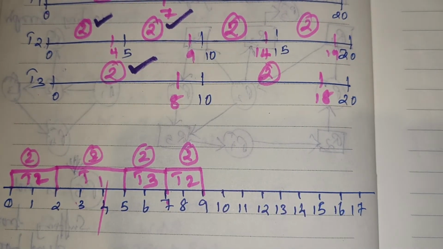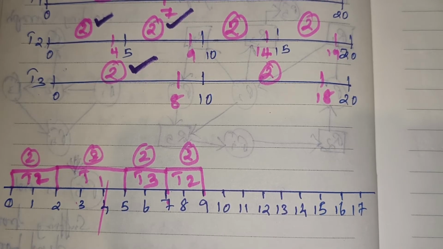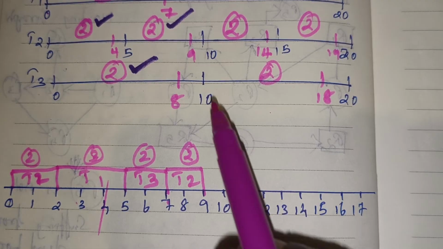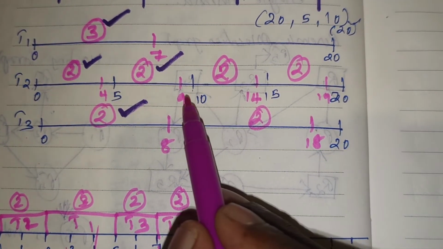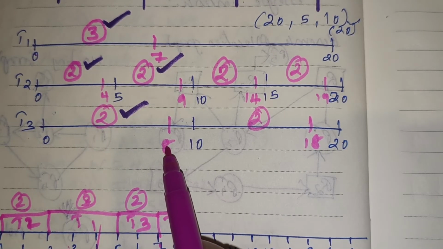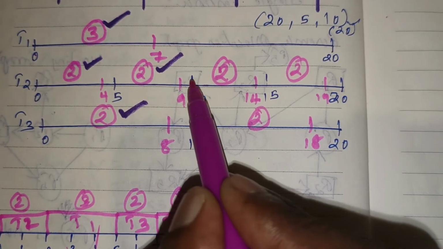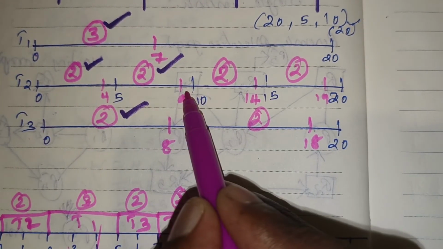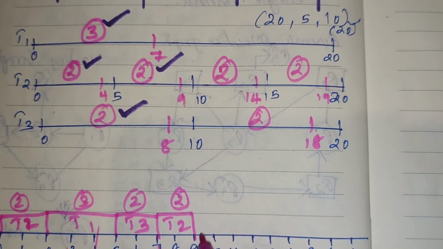Now say for example, T2 is again having this particular idle time. So in this idle time, which comes first? The deadline here is 9, here it is 8. After this 8, T2 has a repetition that starts from 10. But here in T2, the repetition starts at 9. That's the point. You got it? So it ends at 9.